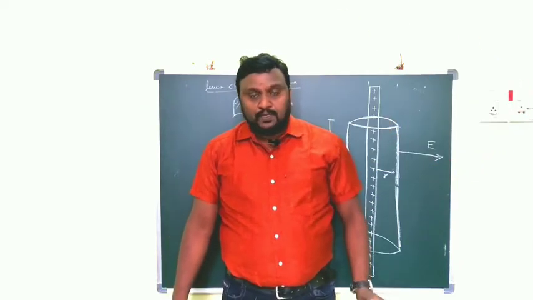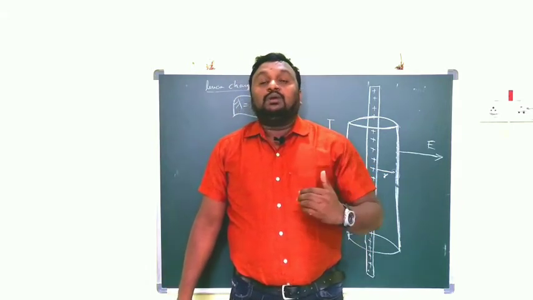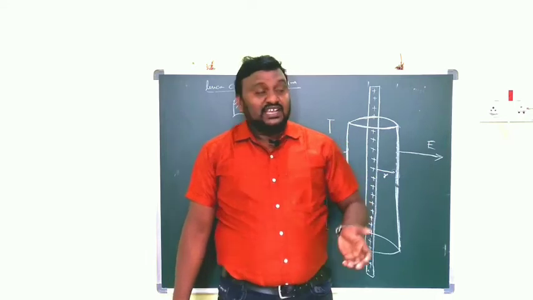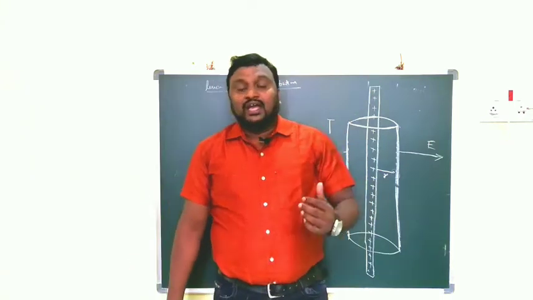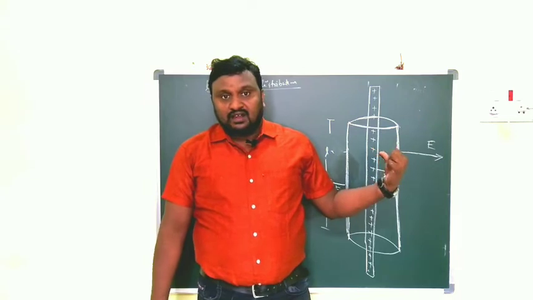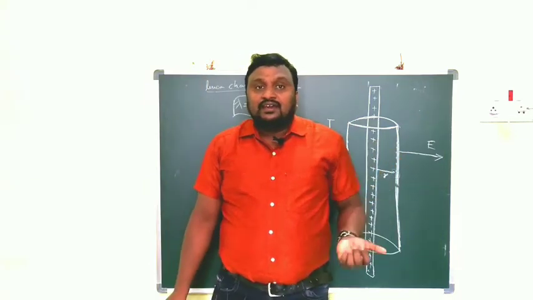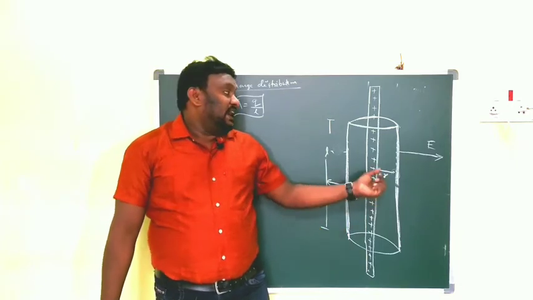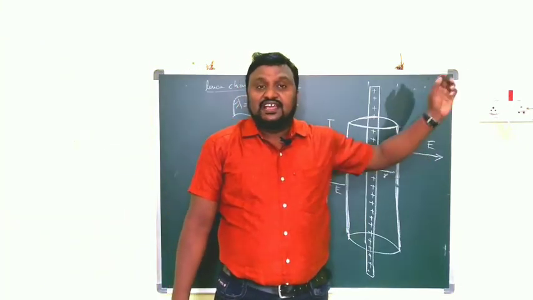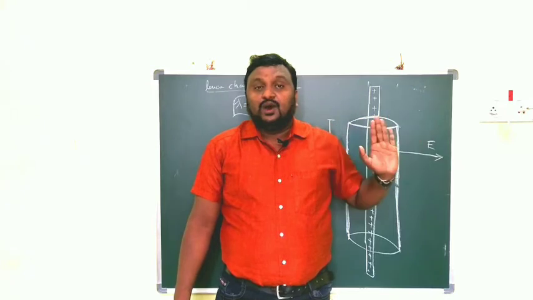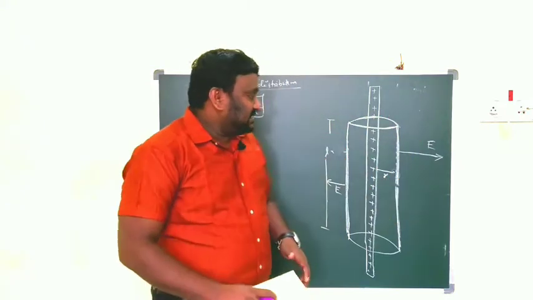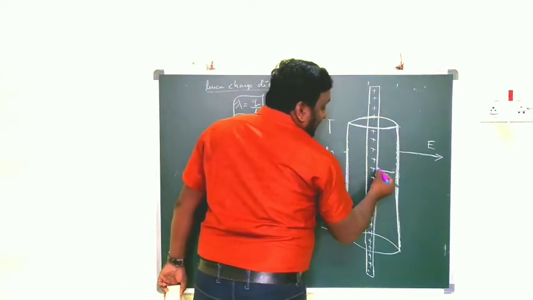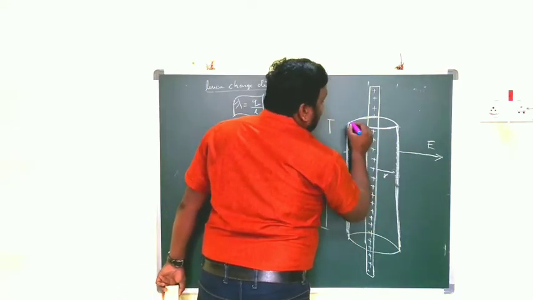Next, we have to construct one Gaussian surface in the surrounding of the conductor as shown in the figure. The length of the cylinder is taken as L, and the electric field intensity is radially outwards.